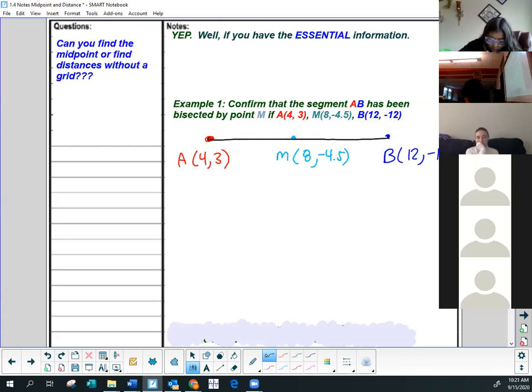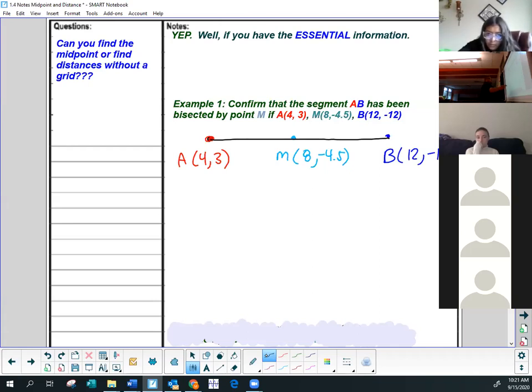And then we can set the task to actually find some distances. Now, if we're going to confirm that M is indeed the bisection point, which is also the midpoint, we do have 2 ways we can address it.